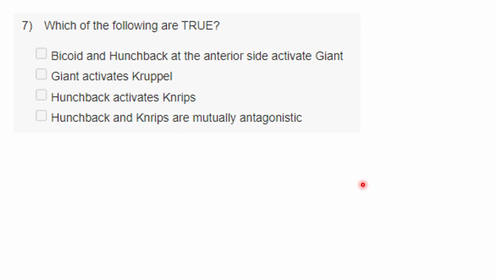Option 2, giant activates cripple. Option 3, hunchback activates knirps. Option 4, hunchback and knirps are mutually antagonistic. Now, which of these are true? Read through all the options carefully and let me know what the correct answer is. I'll be waiting in the chat box.